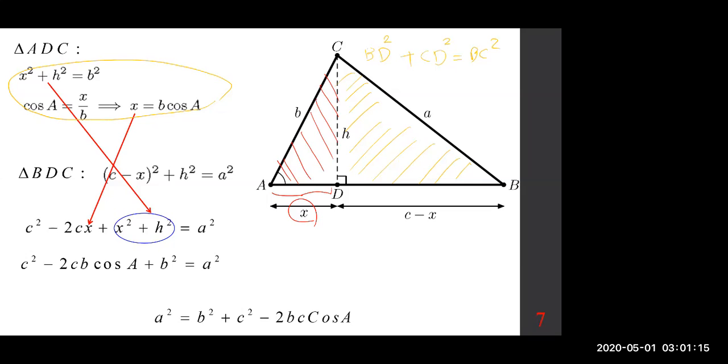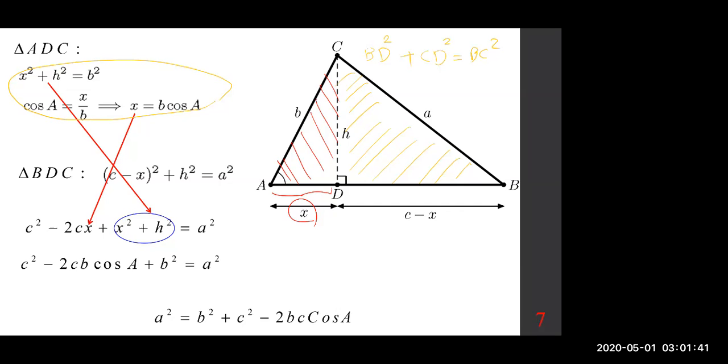I hope everybody is comfortable with that and following that. So what is cosine law? Cosine law is a special case of a Pythagorean theorem. Let's quickly look at one example and we call it a night. So this was the proof.